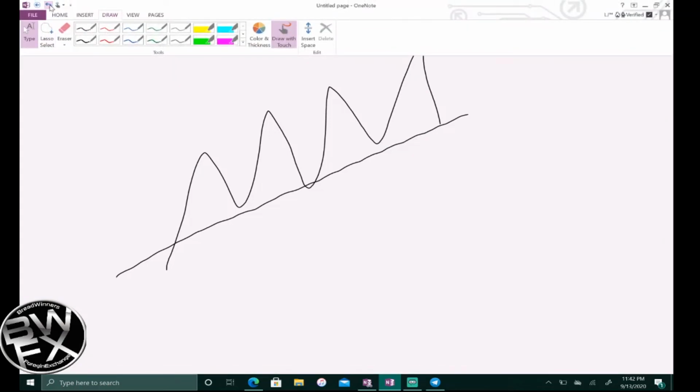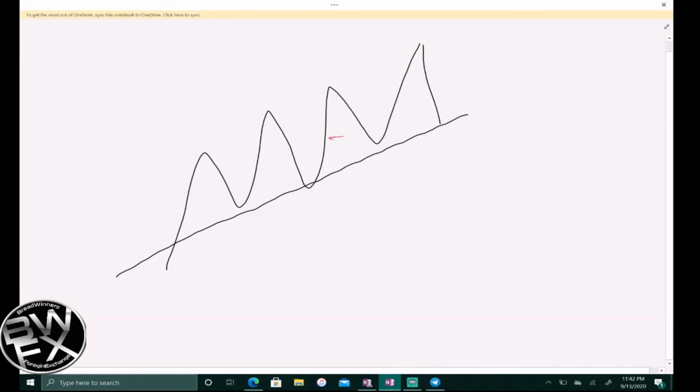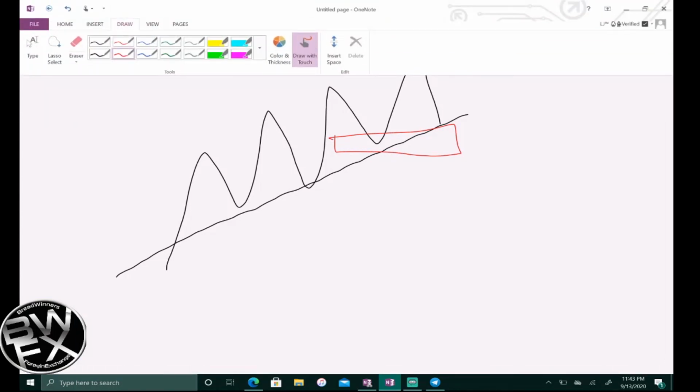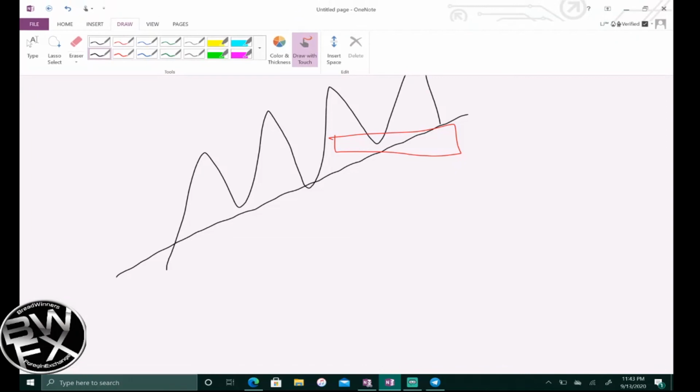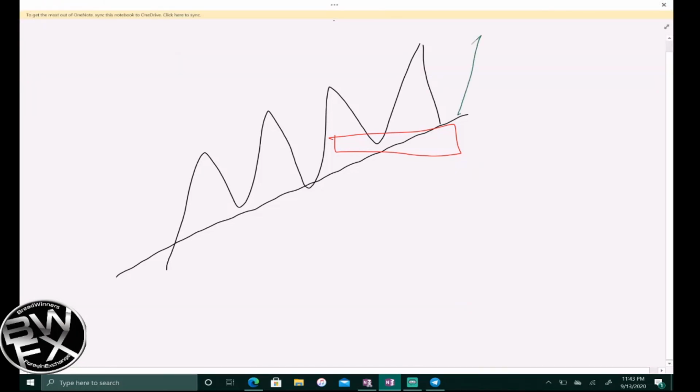It may play around with it, but it not completely break this trend line. So I'll draw something like this, showing that it's a level right there. But I'm expecting this level to bounce and continue up. Let's do green for a continuation up like this.